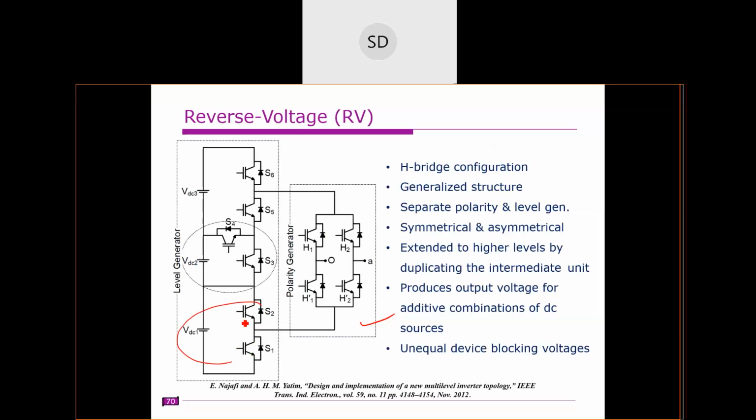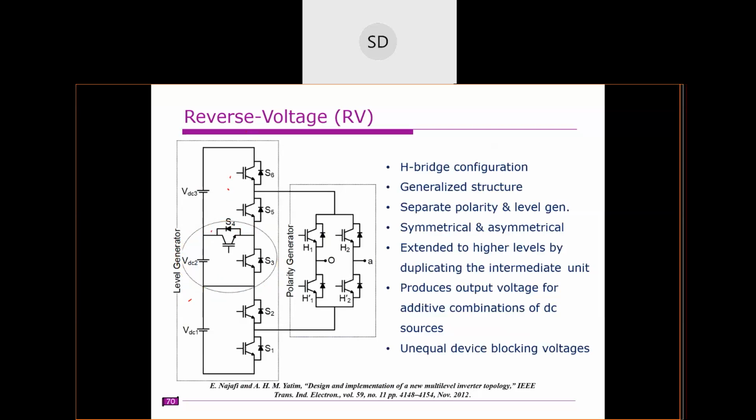Each one produces VDC. If you want to increase the levels, we need to duplicate this encircled portion, adding another unit here, so that it can be increased to higher levels.